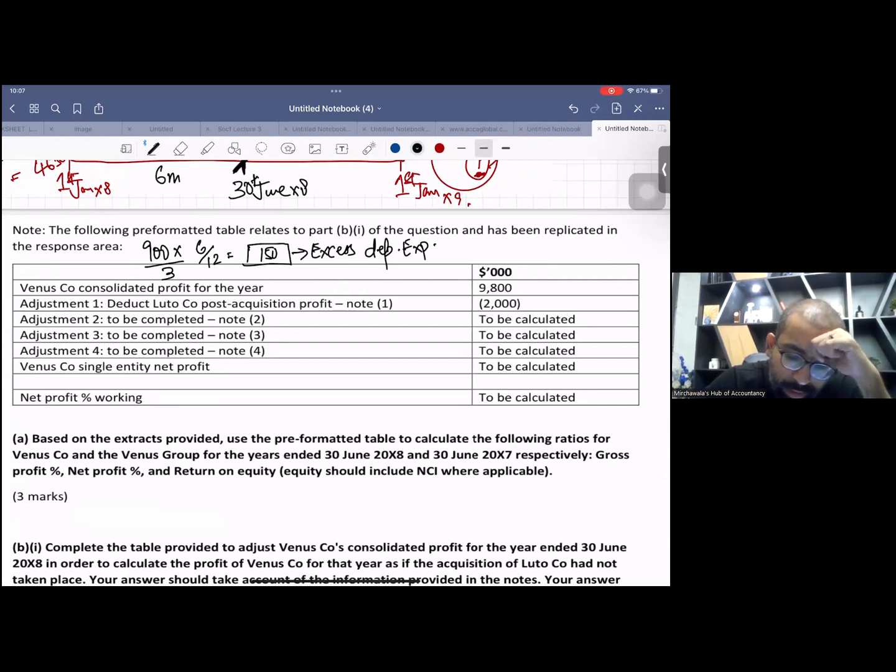They have given us a ready-made table to be calculated. I will do it for you. Very interesting thing. In this question, we have to move from group accounting profit of P company to individual accounting profit of P company.